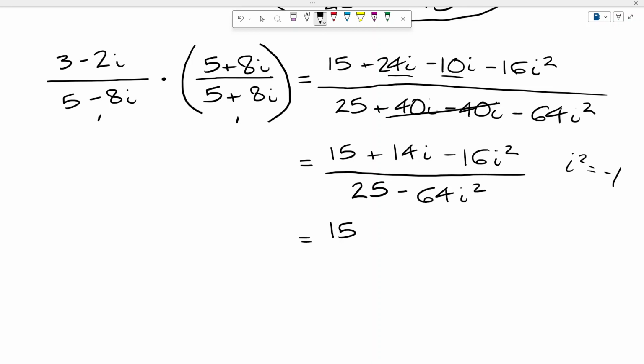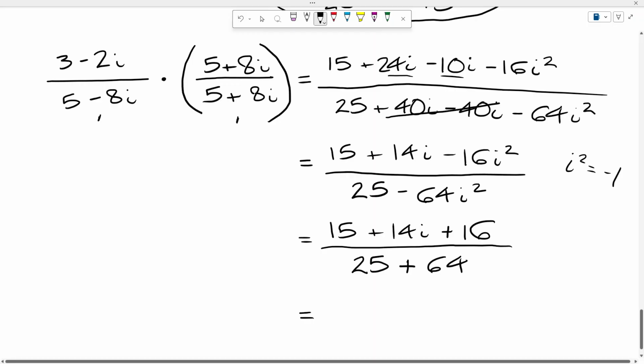When we do that, we're taking 16 times negative 1, so that'll be negative 16. So minus a negative 16 will become plus 16. And then on the bottom, we have 25, and 64 times negative 1 is negative 64, minus a negative 64 becomes plus 64.